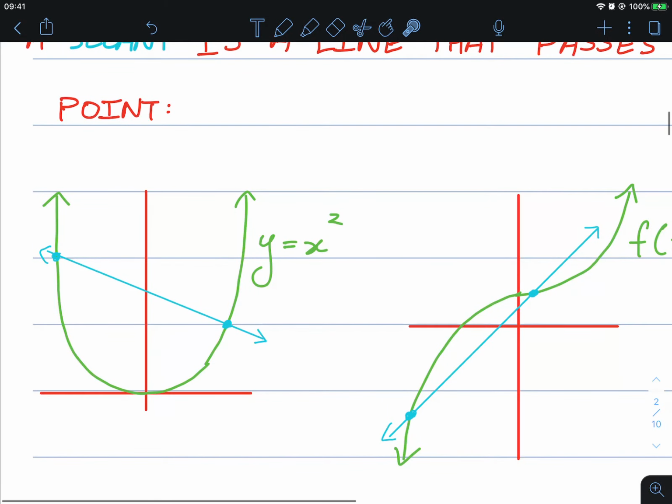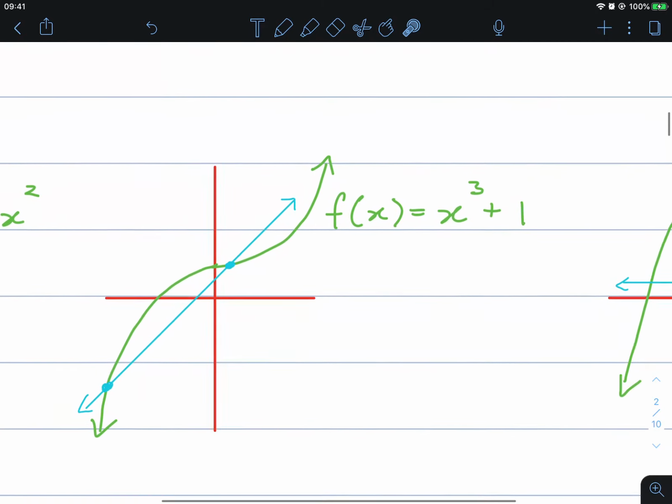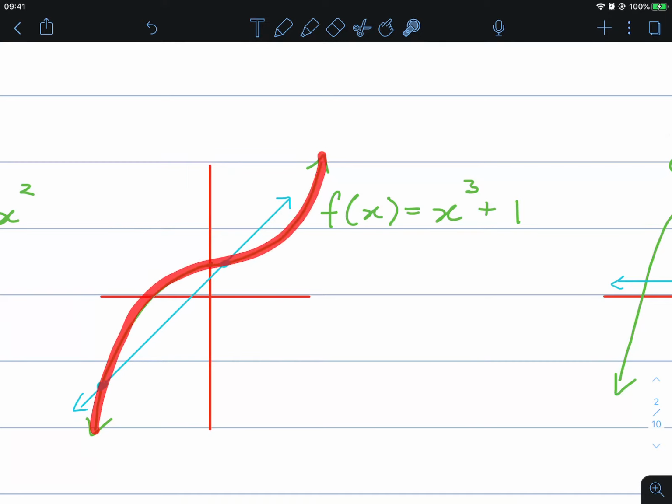So if we have the curve or the function y equals x squared, we can draw a secant any way we like. In this particular example, we draw a secant here and it crosses at these 2 points. For this function here, we can draw a secant that passes through 3 points, but we only focus on 2 points at any time.